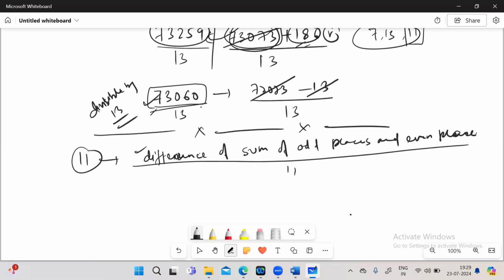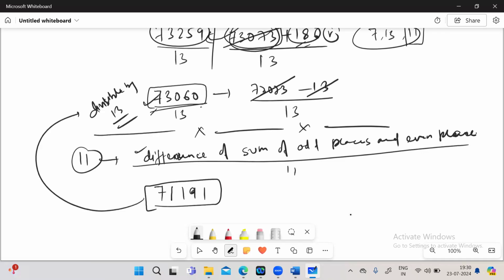Let's say I have a number, 7 1 1 9 2, 71192. This is a number that I have written here. We could have checked from the earlier rule also, but I'll be using this method.